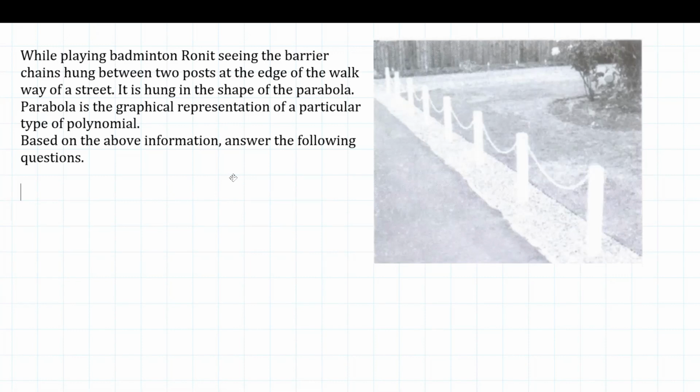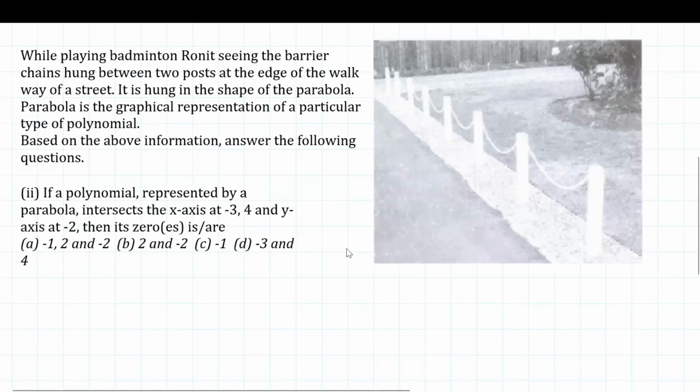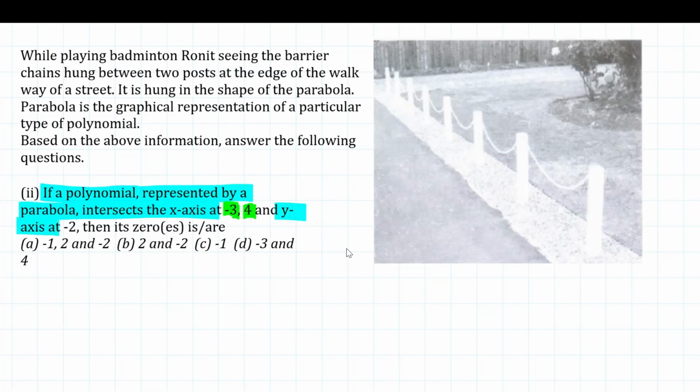Now, if I type the next question here, the next question is this, that is, if a polynomial represented by a parabola intersects the x-axis at -3, 4, and it is intersecting the y-axis at -2, then the zeros, right?